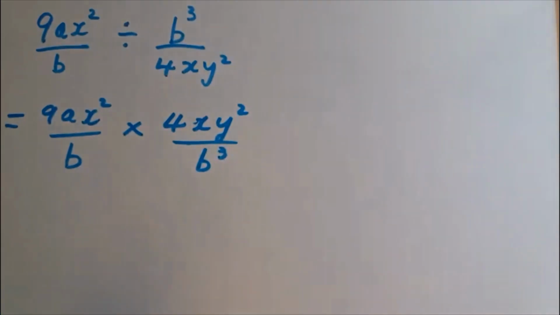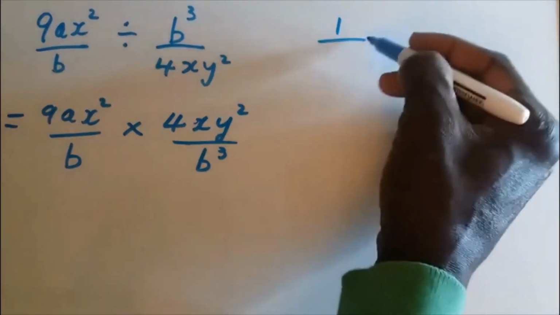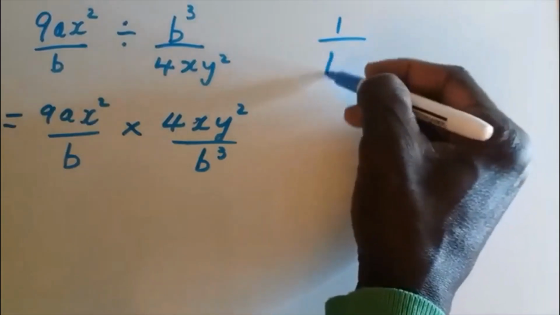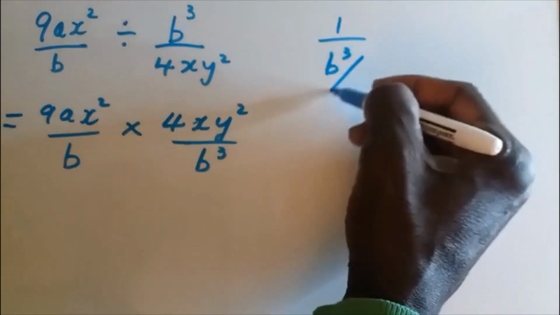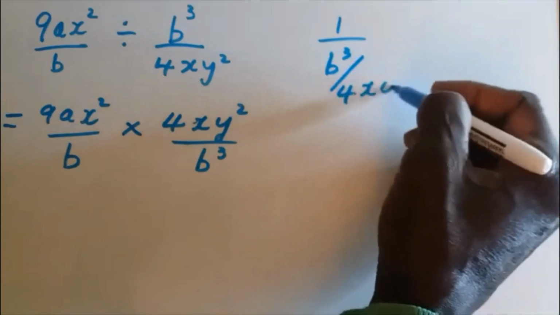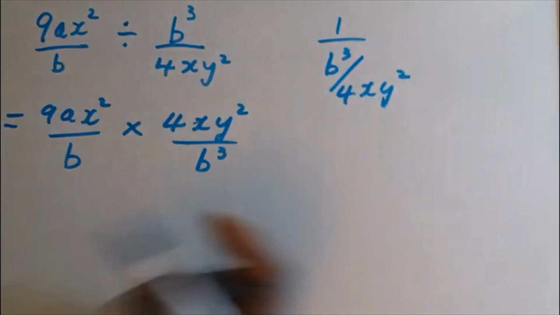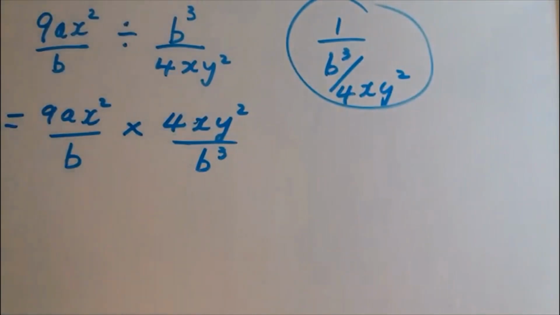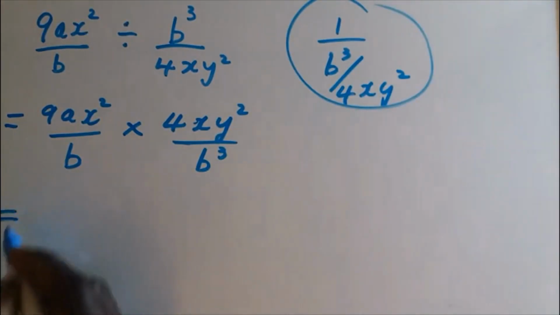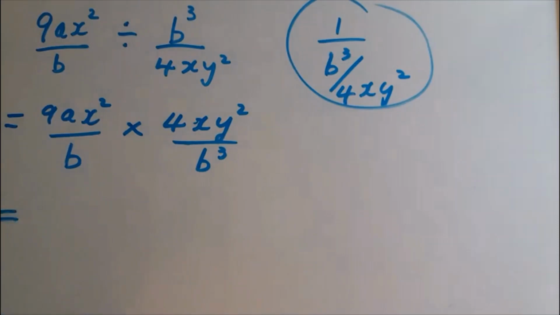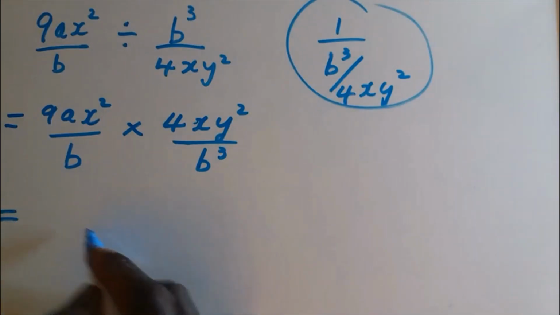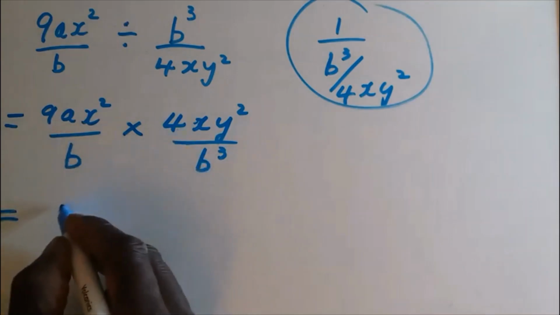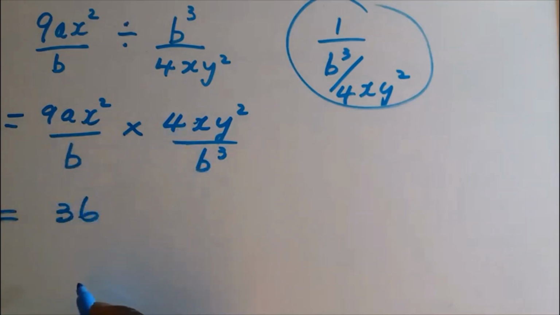The inverse is simply 1 over, in this case, b cubed over 4xy squared, which is equivalent to 4xy squared over b cubed. And now we can simplify. So we have 9 times 4, which is 36.